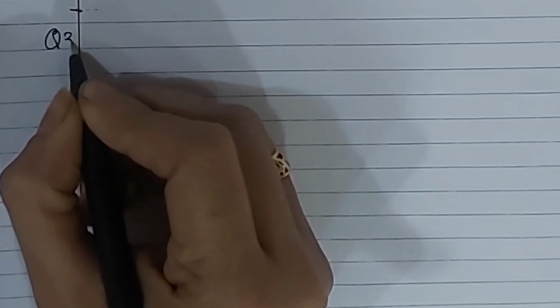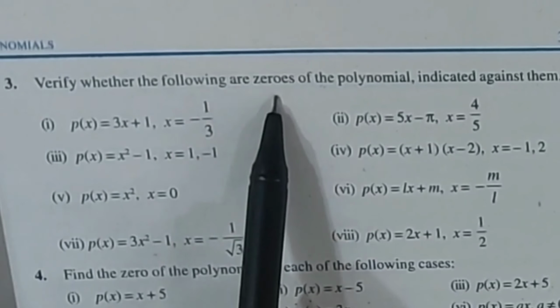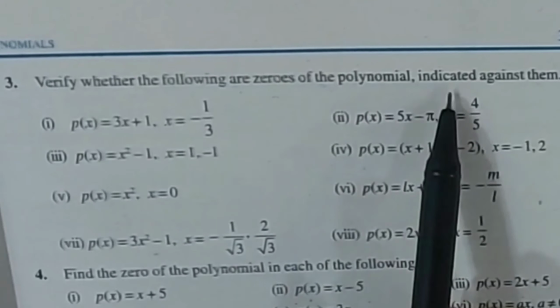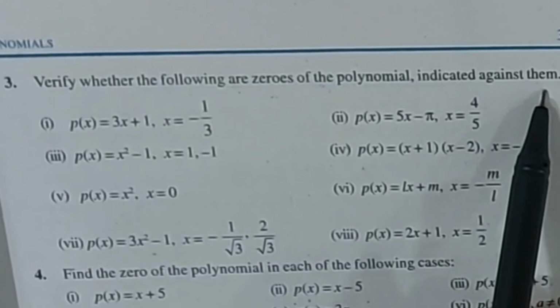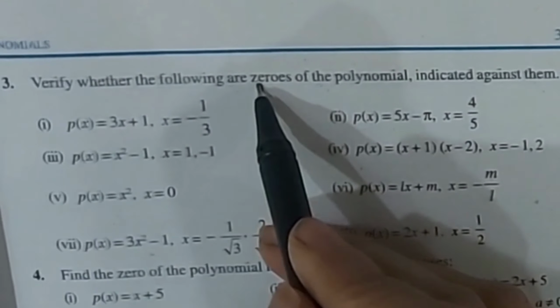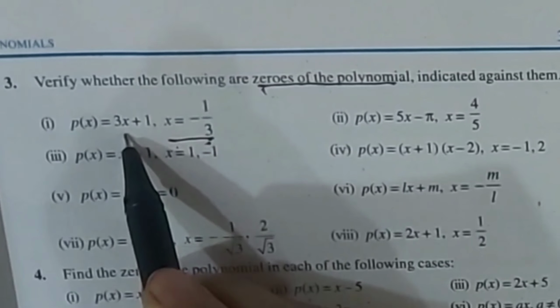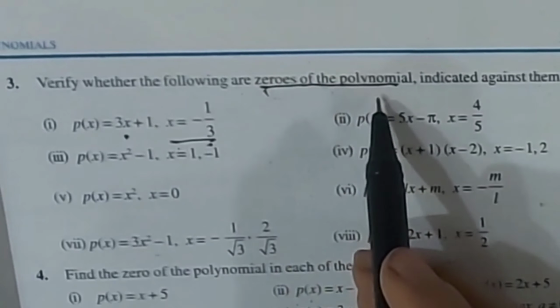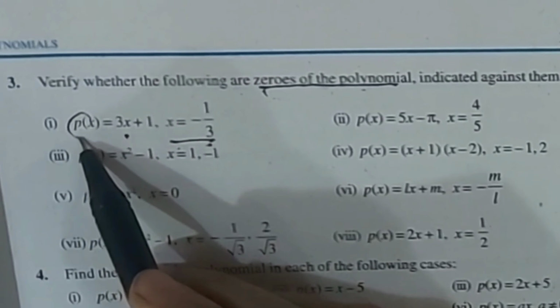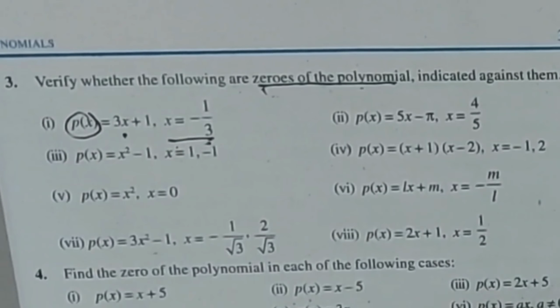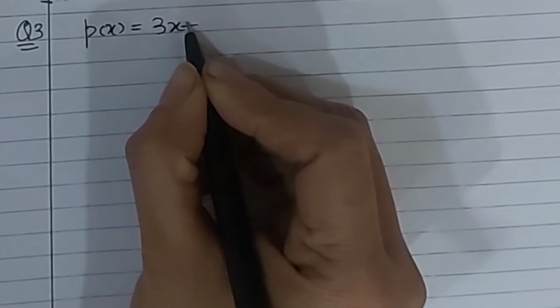We'll do the third question. Verify whether the following are zeros of the polynomial indicated against them. Zeros of the polynomial means if we put the value of x which is given to us in the polynomial, either we are getting 0 as a value of p(x) or not. Suppose here in the first part we have p(x) is equal to 3x plus 1.